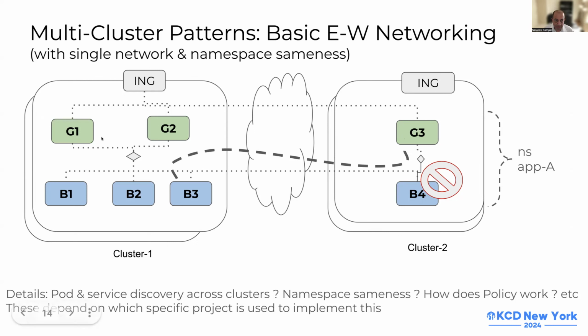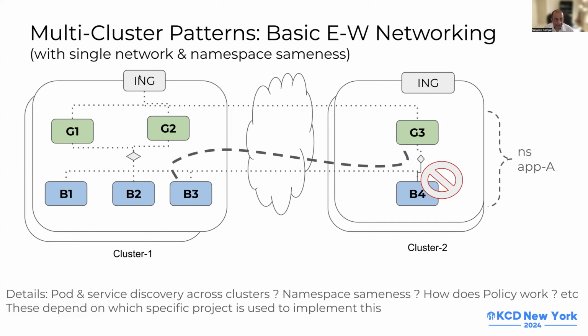So we're essentially splitting the logical services by having some of these instances reside in other clusters. In this case, the Greens microservice has two instances in cluster one and one in cluster two. Similarly, the Blue microservice has three in cluster one and one in cluster two.